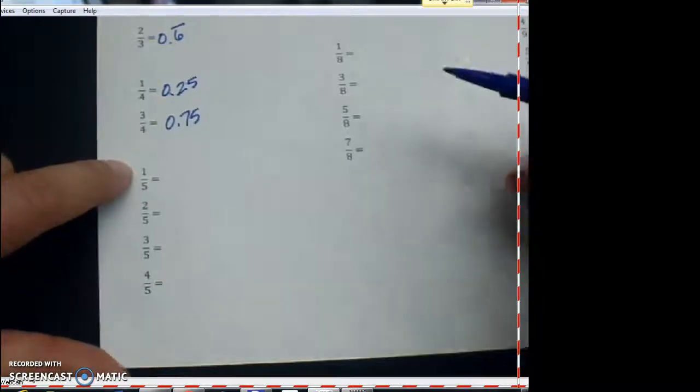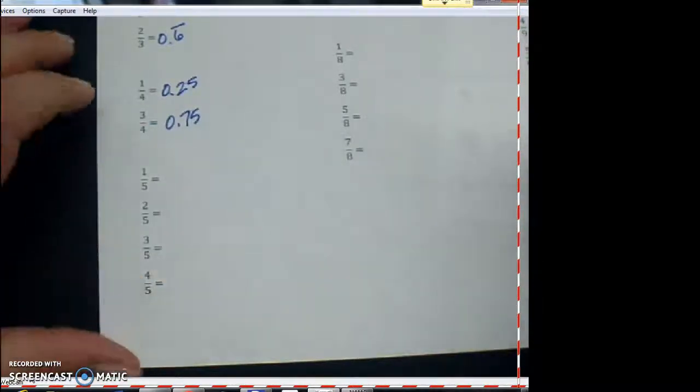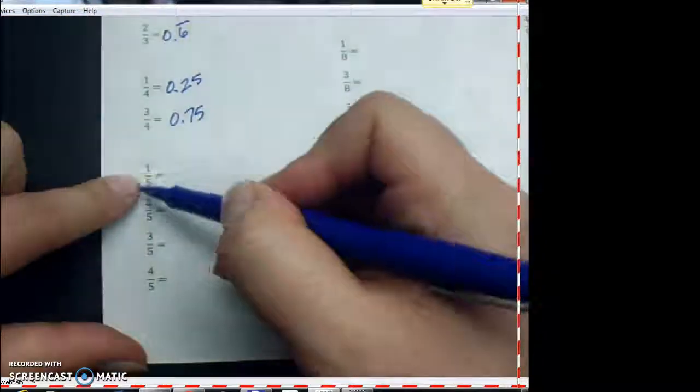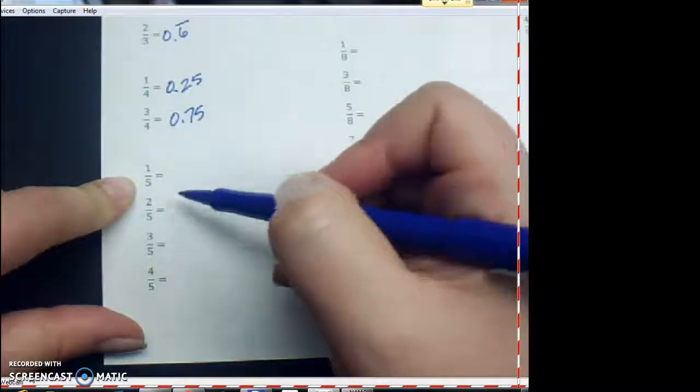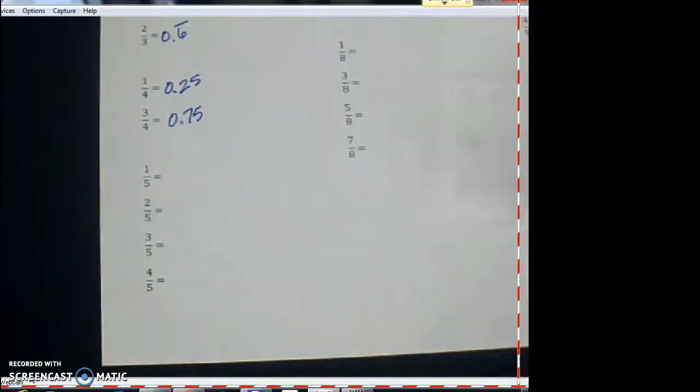Okay. All right, now we get into our fifths. What is 100 divided by 5? 20, right? So if I have one of those fifths, think about pennies. If I were to split $1 up between 5 people, how much would everybody get? 20 cents.